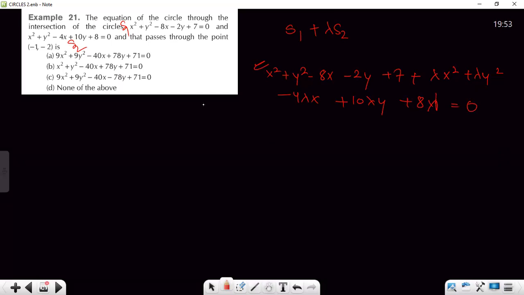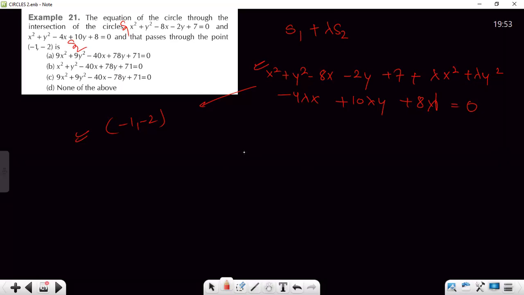So if this is the equation of all those circles, if we substitute -1, -2 for x, y, it is definitely going to satisfy this equation. But there is a lambda which will remain on one hand side, and so we will be able to find lambda using the substitution of this point into the equation.